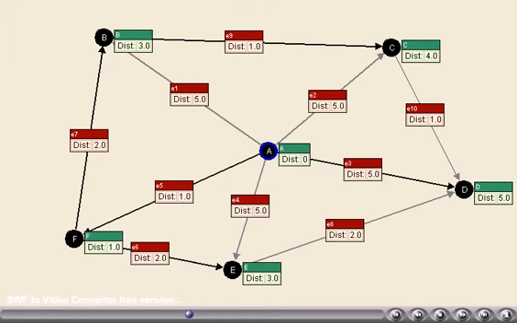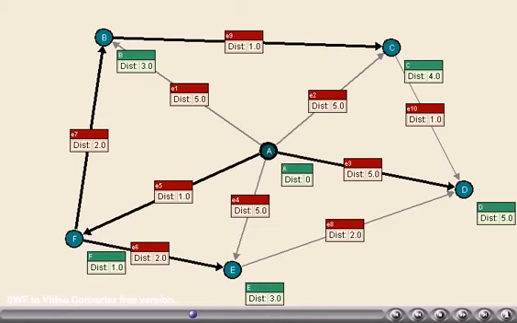Finally, the node D is also considered as finalized. Like this, Dijkstra's algorithm will give the minimum distance from a node to all other nodes of a graph.